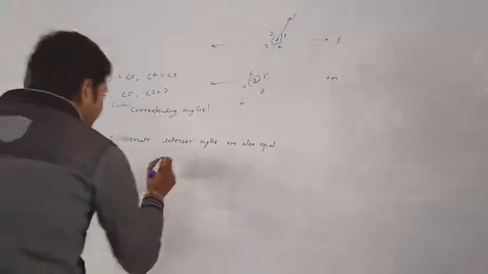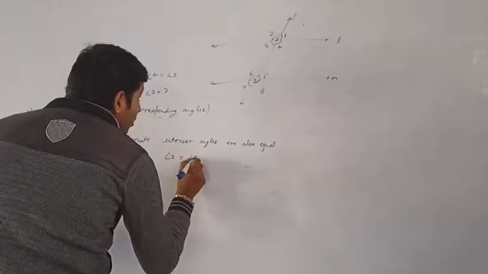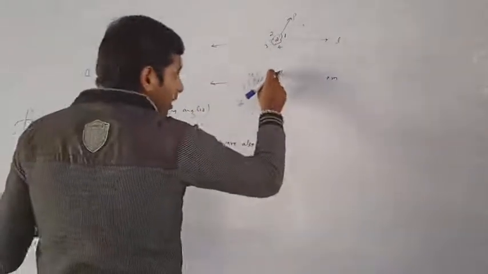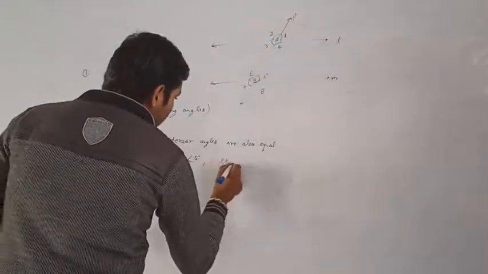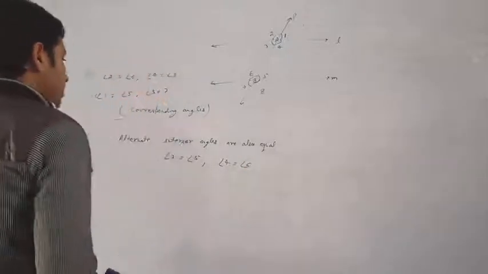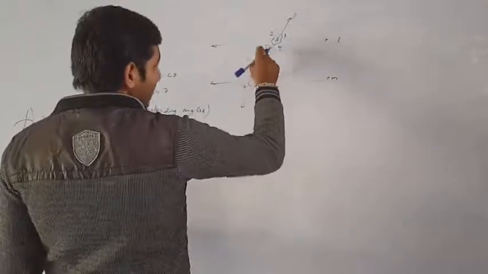So angle 3 is equal to angle 5 and angle 4 is equal to angle 6, because of alternate interior angles.